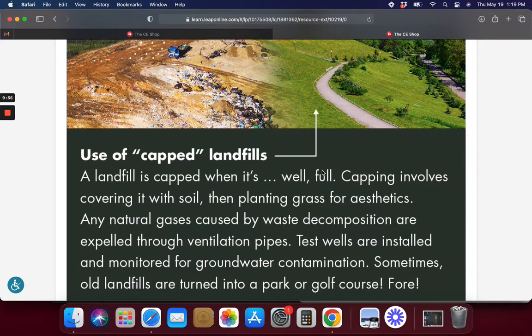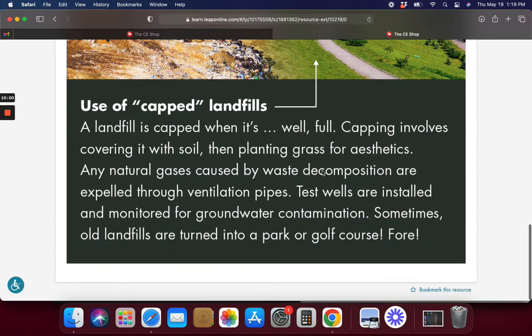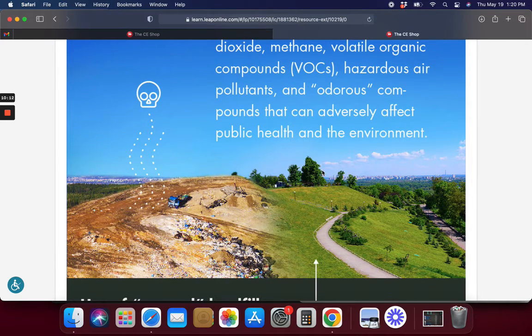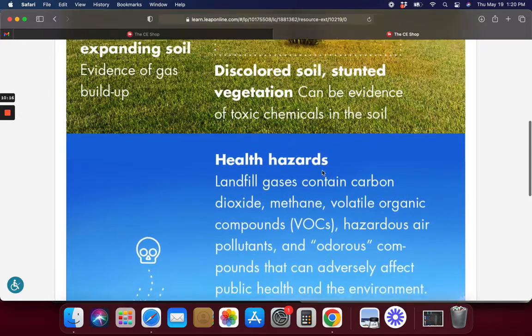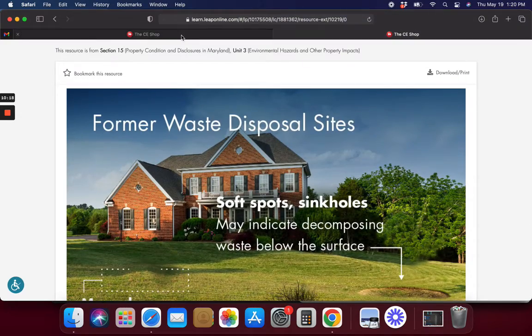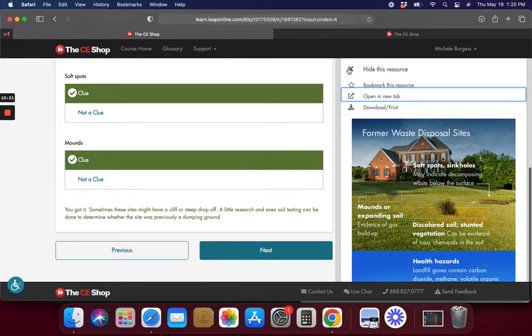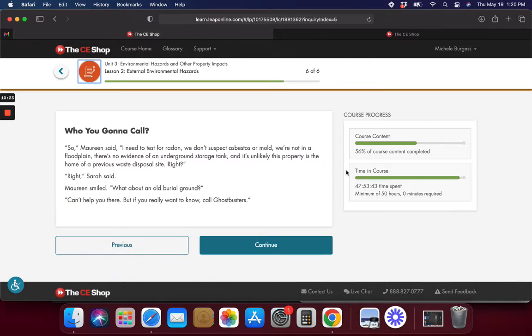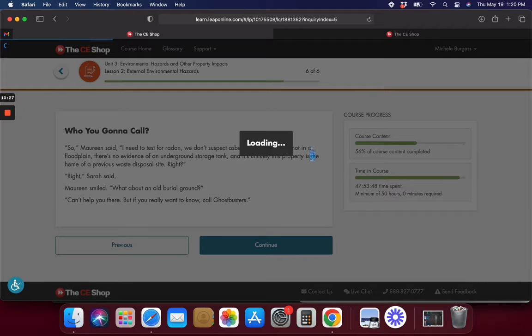Any natural gas caused by waste decomposition is expelled through ventilation pipes, and test wells are installed and monitored for groundwater contamination. Sometimes old landfills are turned into a park or a golf course, which is interesting to know, by the way. Who would have ever thunk that, right? Okay, so that's interesting to know. I didn't know that. All right, let's see what we have next.